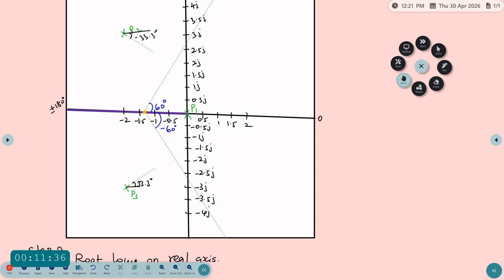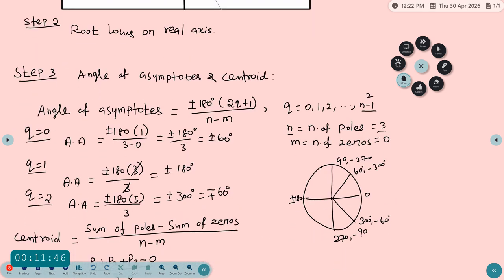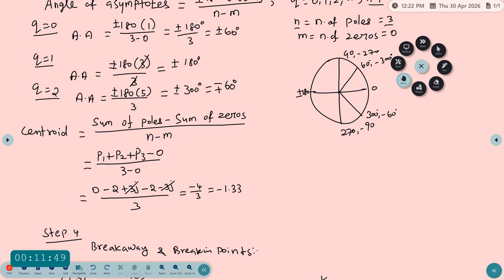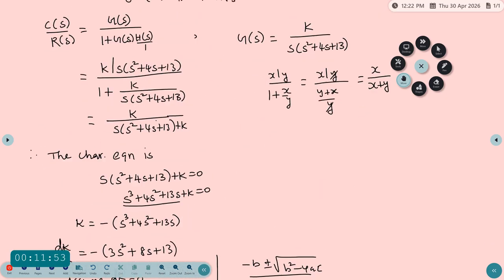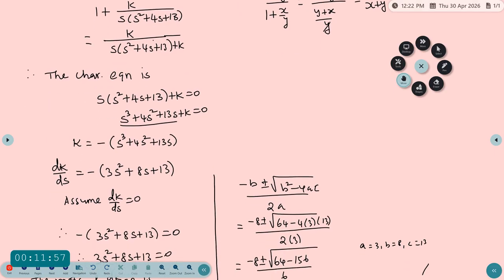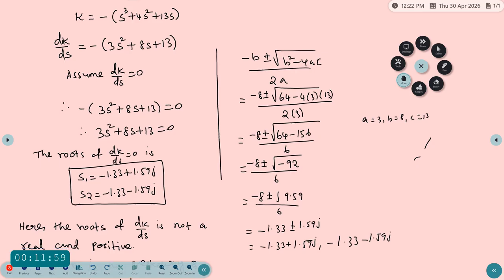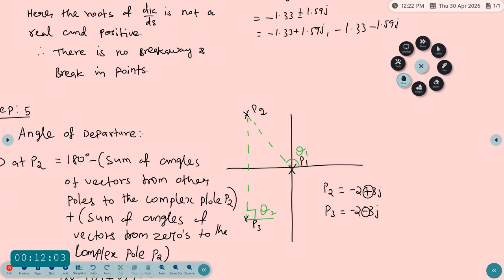Now the only missing point is the crossing point on the imaginary axis. So for that we are entering into step number 6. In step number 6, we need the characteristic equation of the given system.